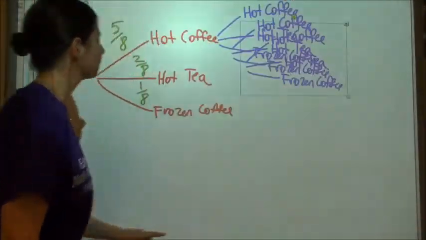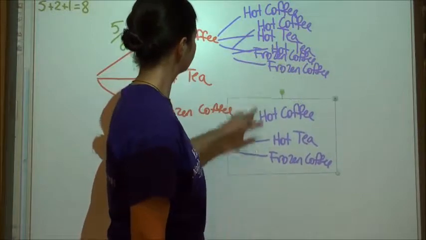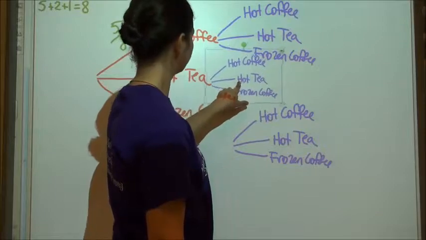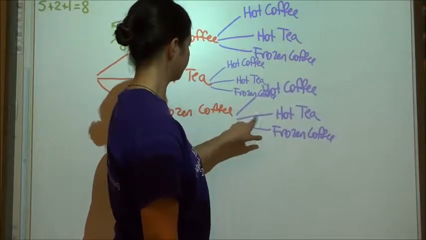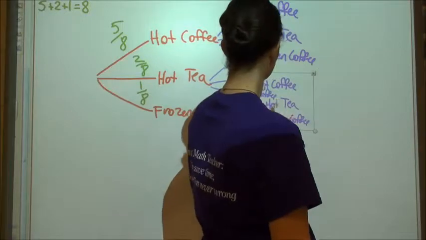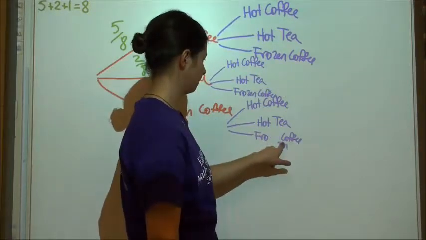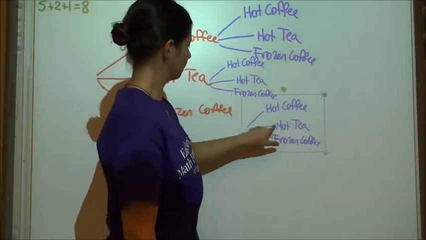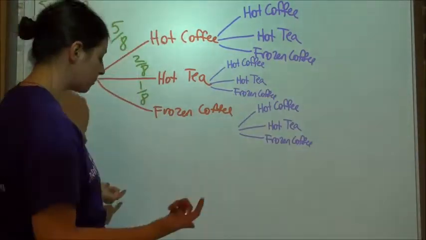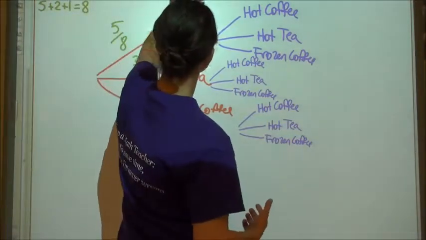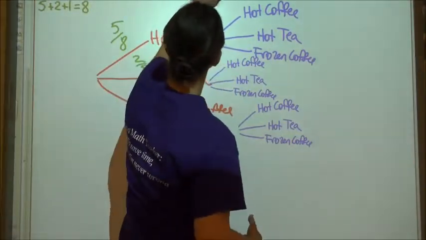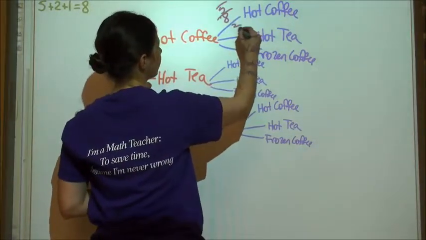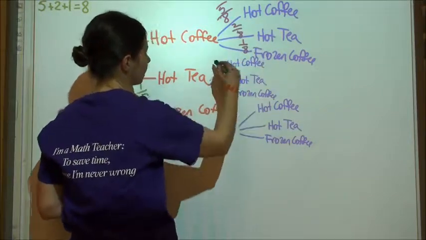Okay. Now, his probabilities are the same. He still has 5 out of 8 for hot coffee. He still has 2 out of 8 for hot tea. He still has 1 out of 8 for frozen coffee.